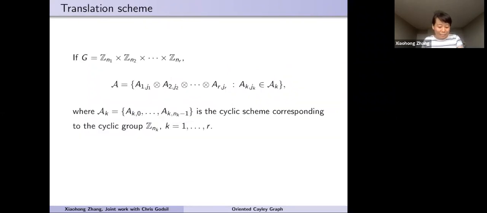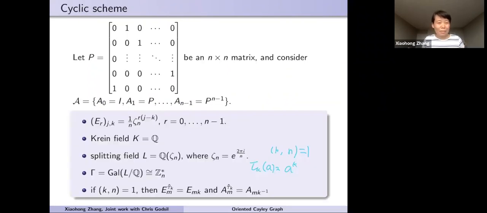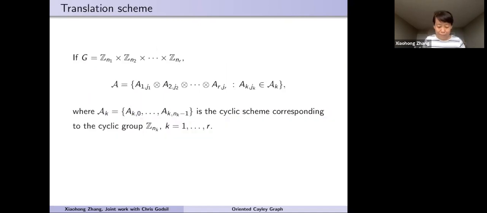This is the cyclic scheme. More generally, if we want to consider a general abelian group, it can be written as a direct product of cyclic groups, and the elements in the scheme are just the tensor products of the vector schemes corresponding to the cyclic schemes for each of those factors.